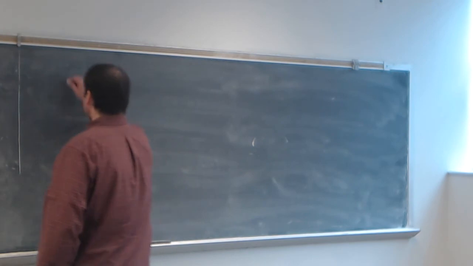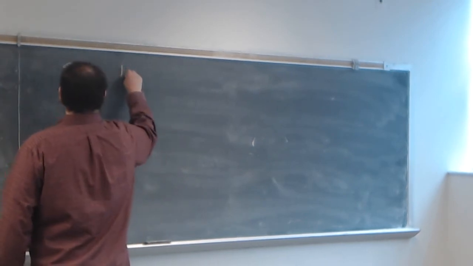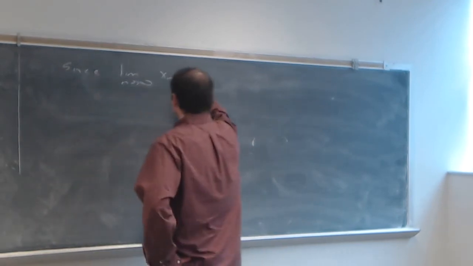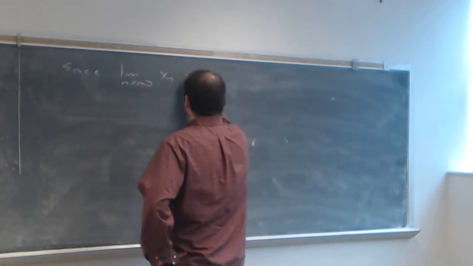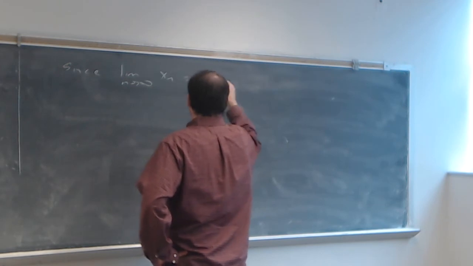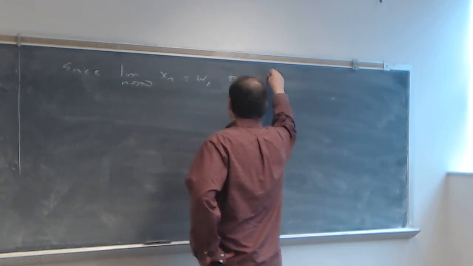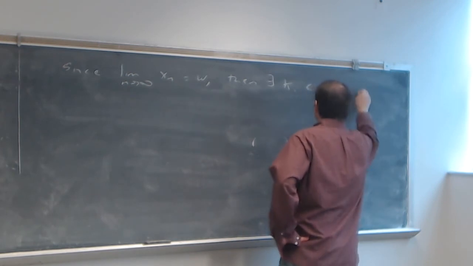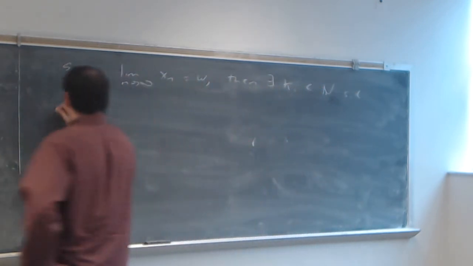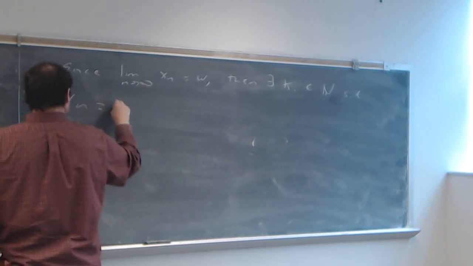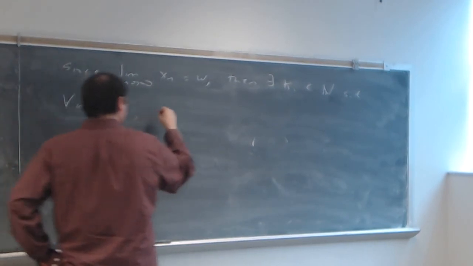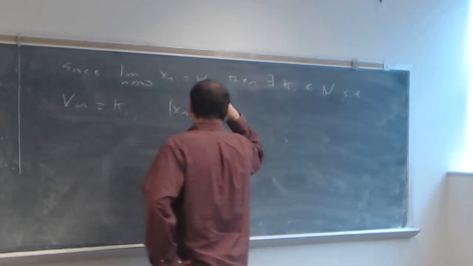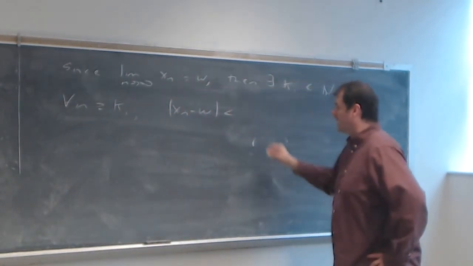So here I'm going to say, since the limit as n goes to infinity of x sub n equals w, then there exists a k sub 1 an element of the natural numbers such that for all n bigger than or equal to k sub 1, the absolute value of x sub n minus w will be less than epsilon.